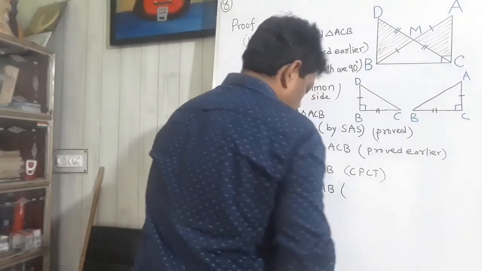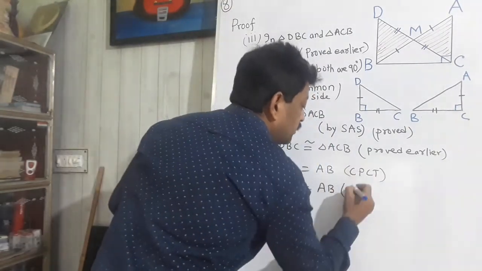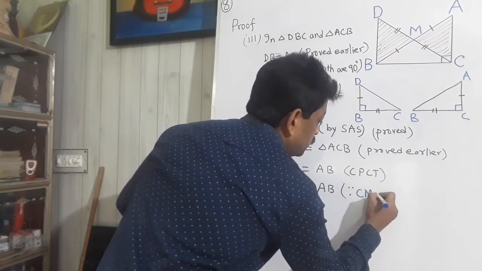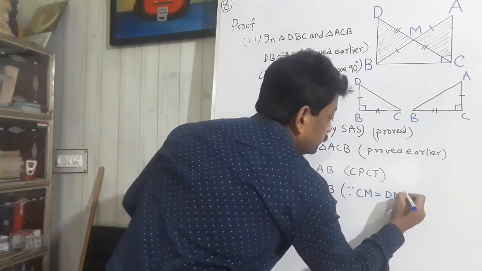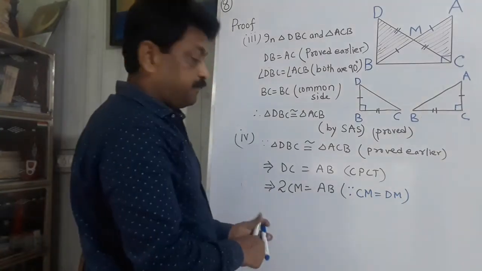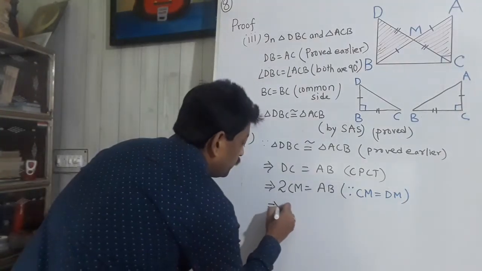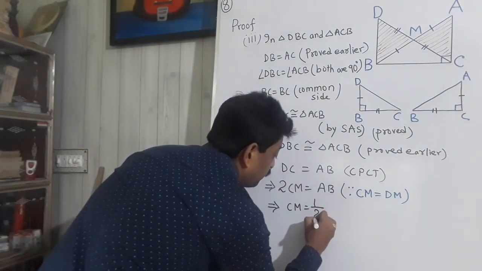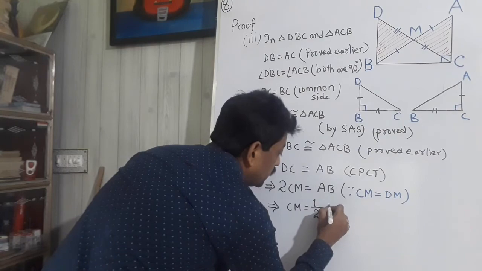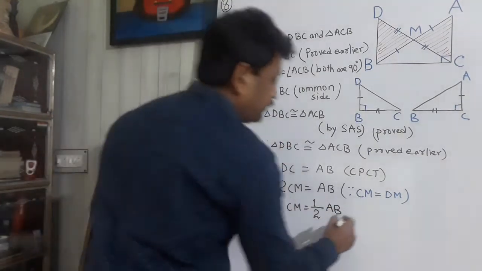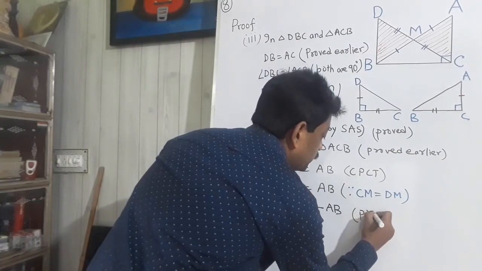In bracket, we can write down the reason, since CM is equals to DM. Therefore, CM is equals to half of AB. These two will go that side, it will become half. So this one is also proved.